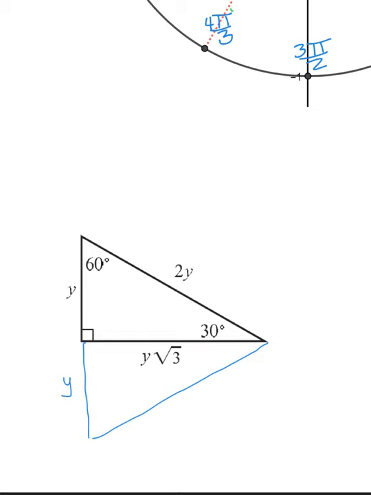Consequently, this hypotenuse here is going to be twice the length of this side here. And so if our hypotenuse up in that unit circle is 1, which is the definition of a unit circle, so this equals 1, then this little piece right here is going to be half of that, or 1/2.